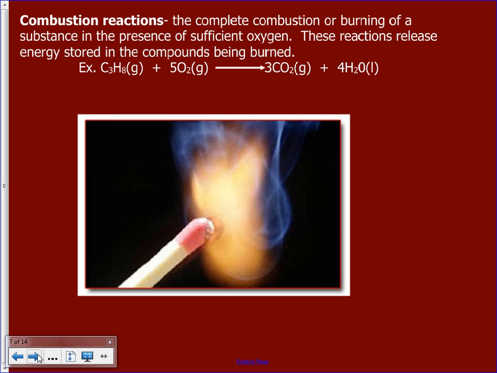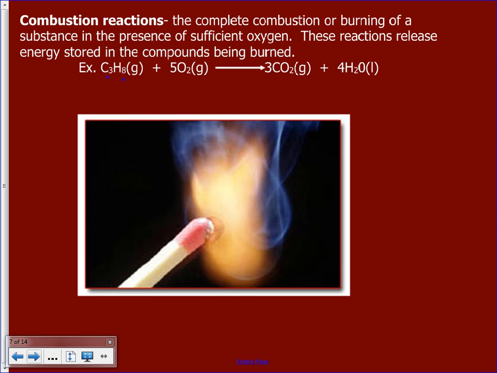Okay, another type of reaction: combustion reactions. What gas has to be present for something to burn, Zach? Okay, oxygen has to be present. In a combustion reaction, you are always going to have what we call a hydrocarbon reacting with oxygen. A hydrocarbon is exactly what it sounds like: carbon and hydrogen.